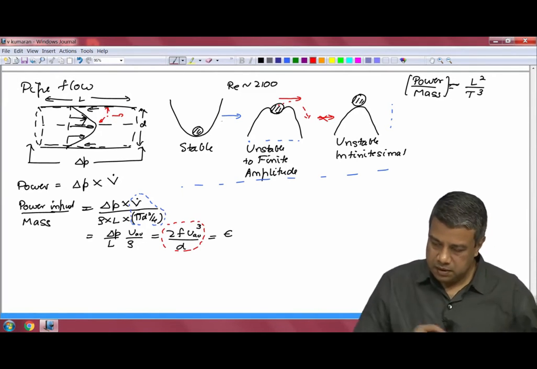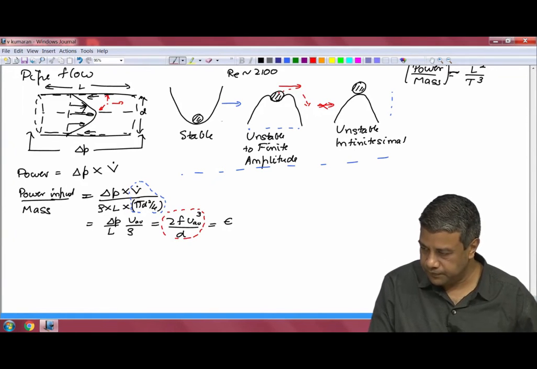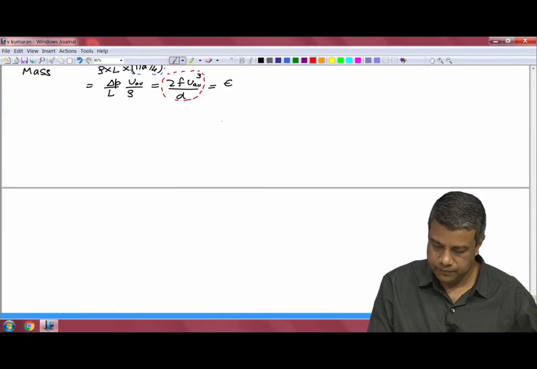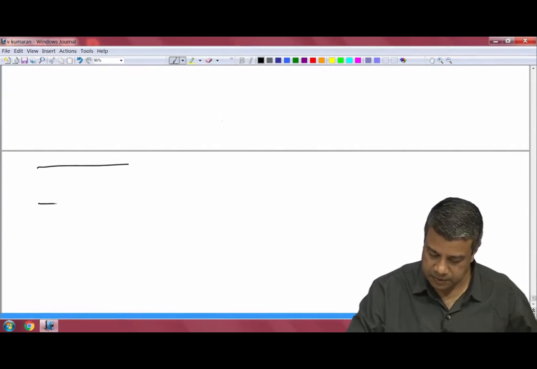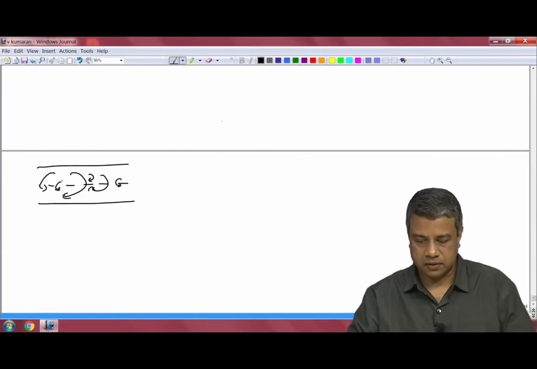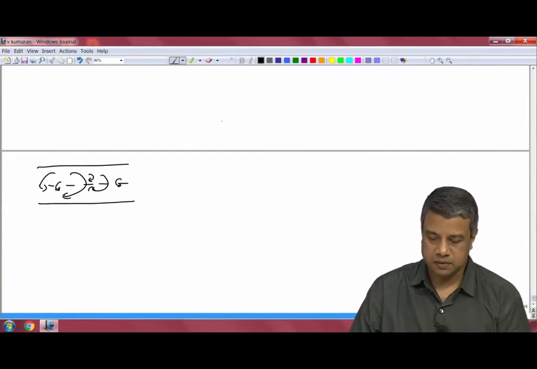Now, if you recall, I had said that in the turbulent flow in a pipe, there are eddies of various sizes moving in all directions, a range of sizes, fluctuating in all directions at all times. The largest eddies are of course comparable to the pipe diameter d.